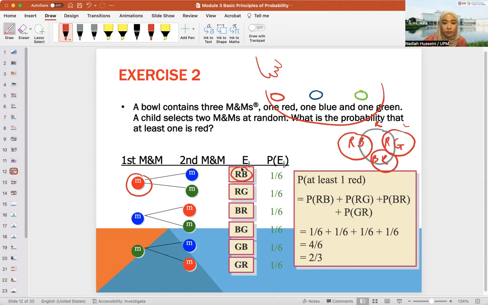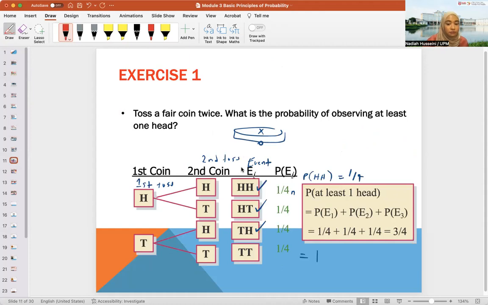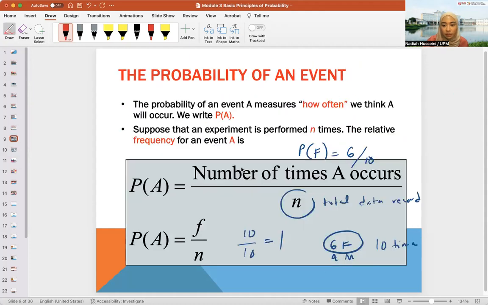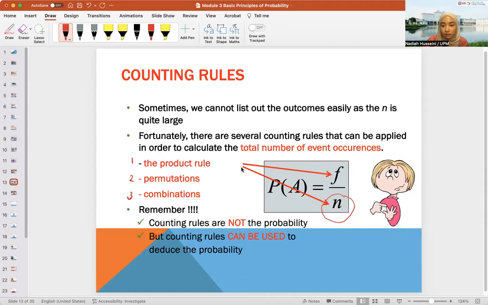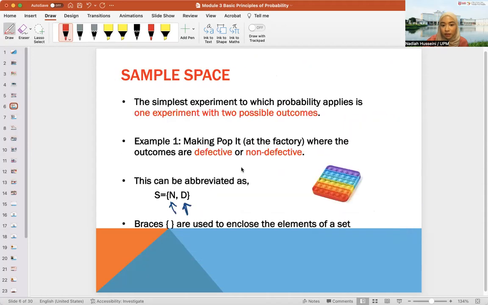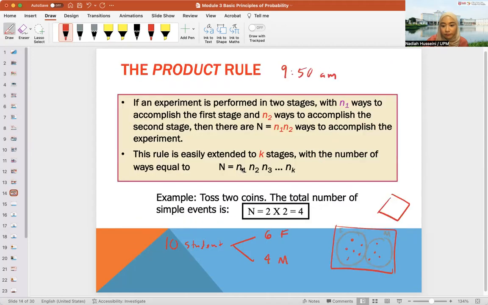But when you're talking about simple events like non-defective versus defective, here you don't have that overlap. It's either female or male, or defective versus non-defective. Then this is mutually exclusive. There's no overlap.